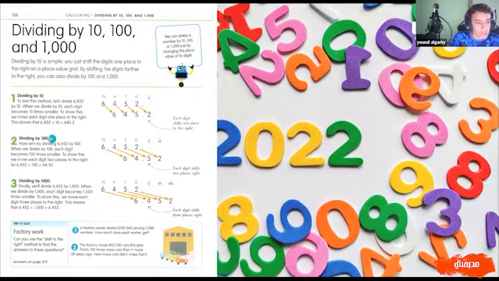Now, if there's 2 zeros, how many times do you think we're going to move to the left? Can you guys tell me in the chat? If we move one time with 1 zero, then how many times are we going to move to the left with 2 zeros?